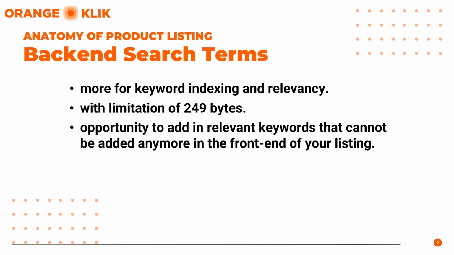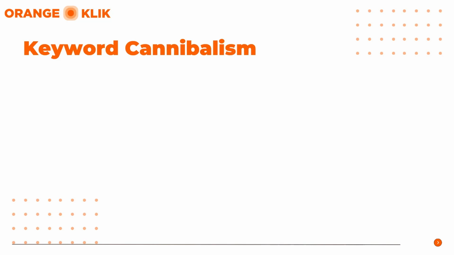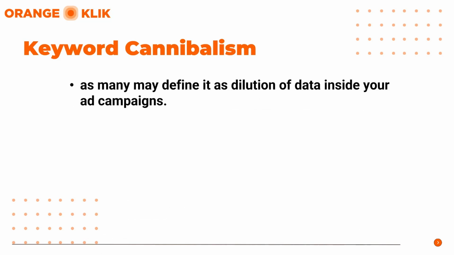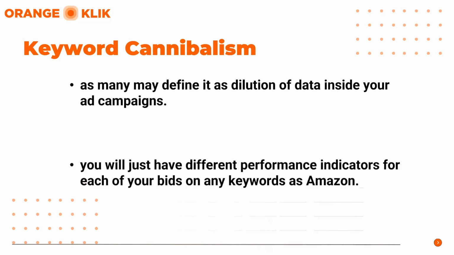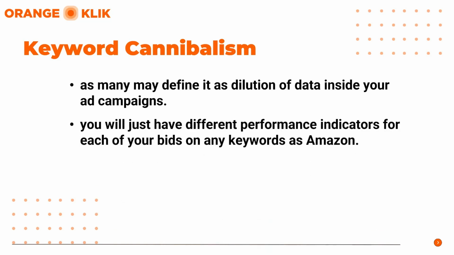There's also a concern in PPC that using the same keywords in your different campaigns will result in keyword cannibalism, as many may define it as dilution of data inside your ad campaigns. But in my opinion, there is no such thing, because you will just have different performance indicators for each of your bids on any keywords, as Amazon will not allow you to outbid yourself when targeting the same keyword in 3 different targeting campaigns. But that is another video we will discuss at length in the future.